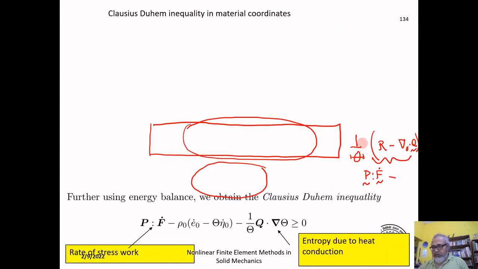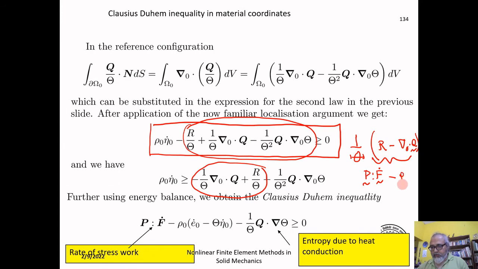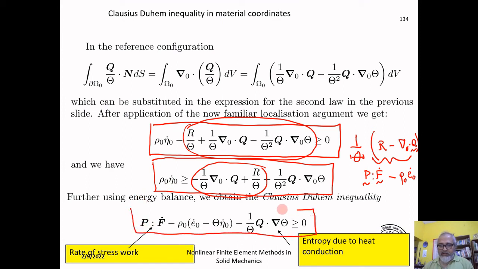So pf dot minus rho naught, and if we replace this r and this, this is what you will get. And this is the final result, which is the statement of the Clausius-Duhem inequality.